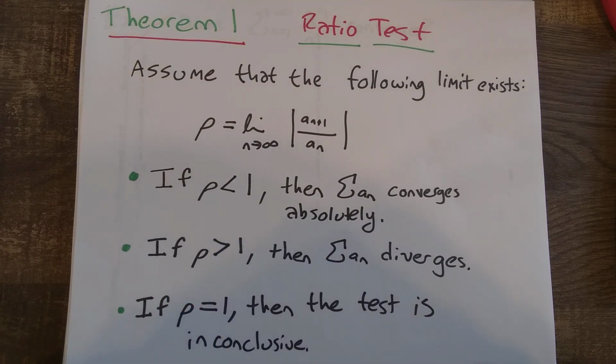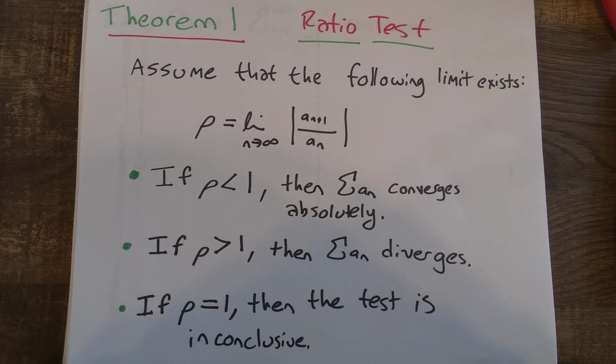If rho is strictly greater than 1, then the series diverges. And if rho is equal to 1, the test is inconclusive. The series might converge, it might diverge. The ratio test won't tell us one way or another, and in those cases, we might have to use a different test to figure out what's going on.